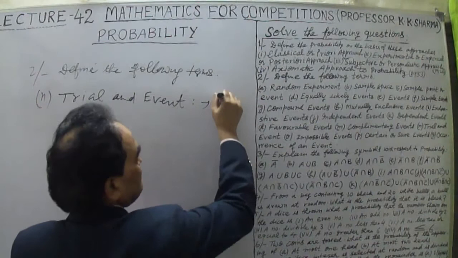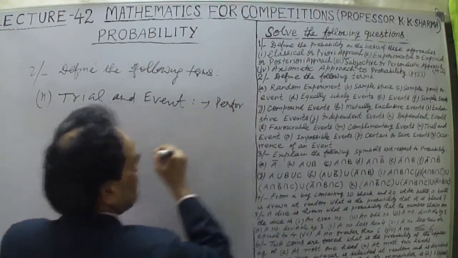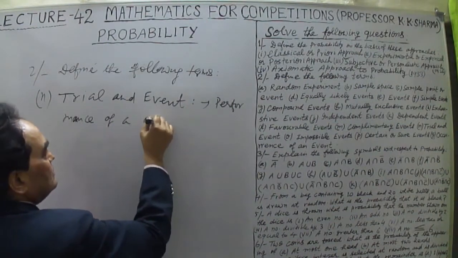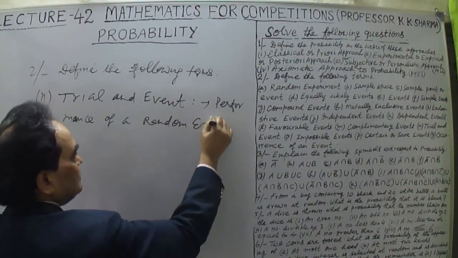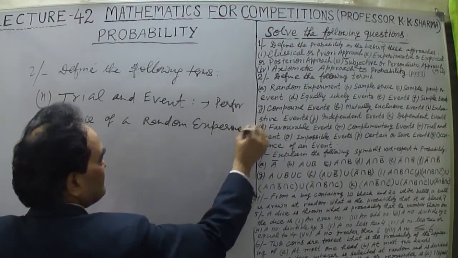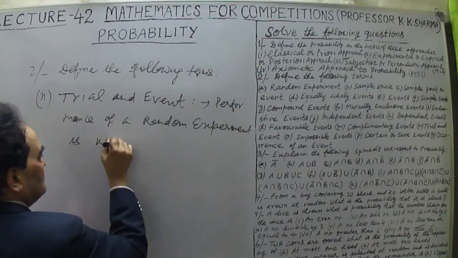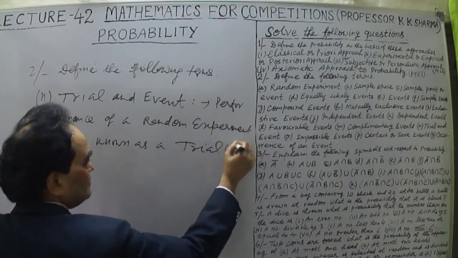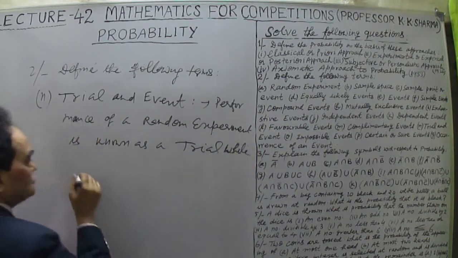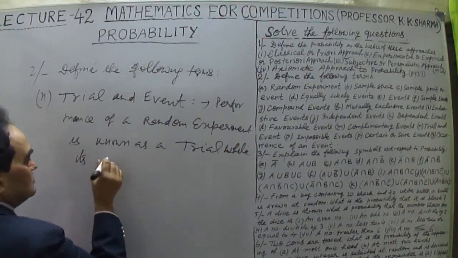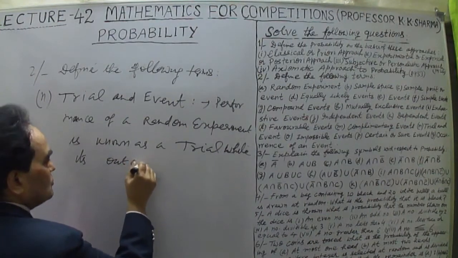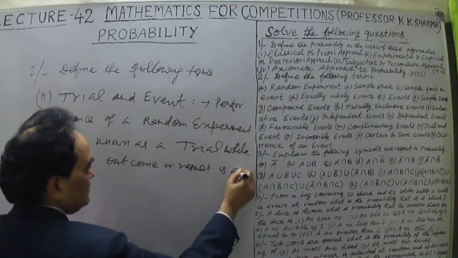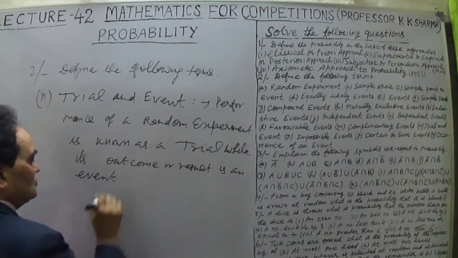So the performance of a random experiment is known as a trial, while its outcome or a result is an event, or is known as an event.